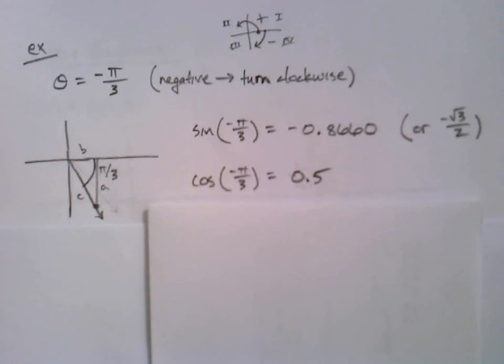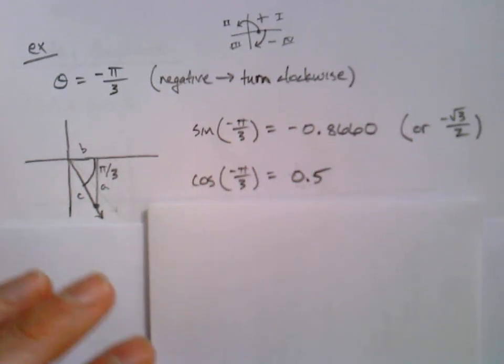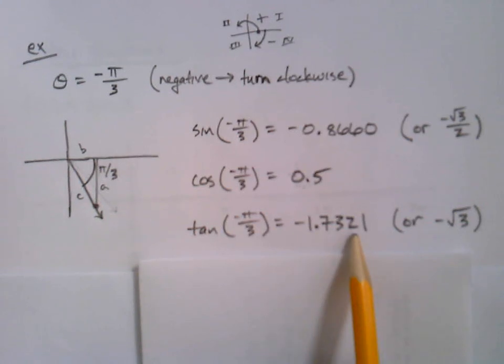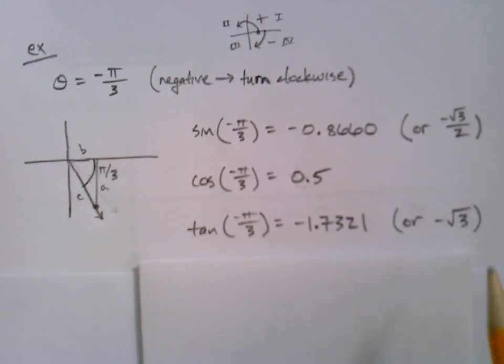Okay, that makes sense. Finally, tangent. Well, the rounded version, negative 1.7321, or you could just think of it as negative square root 3 if you want it to be exact.